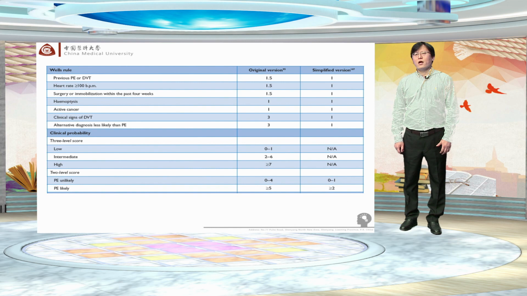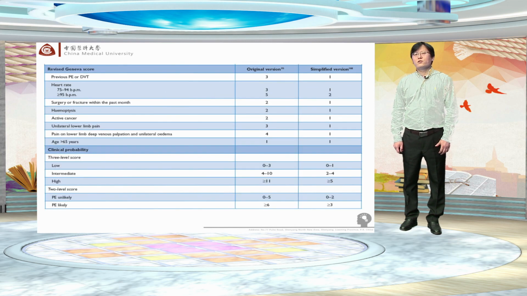We also have the Wells rule and the revised Geneva score to help us diagnose pulmonary thromboembolism. Actually, we have two versions of the Wells score and the revised Geneva score: one is the original version and one is the simplified version. Both versions have been validated by many studies.